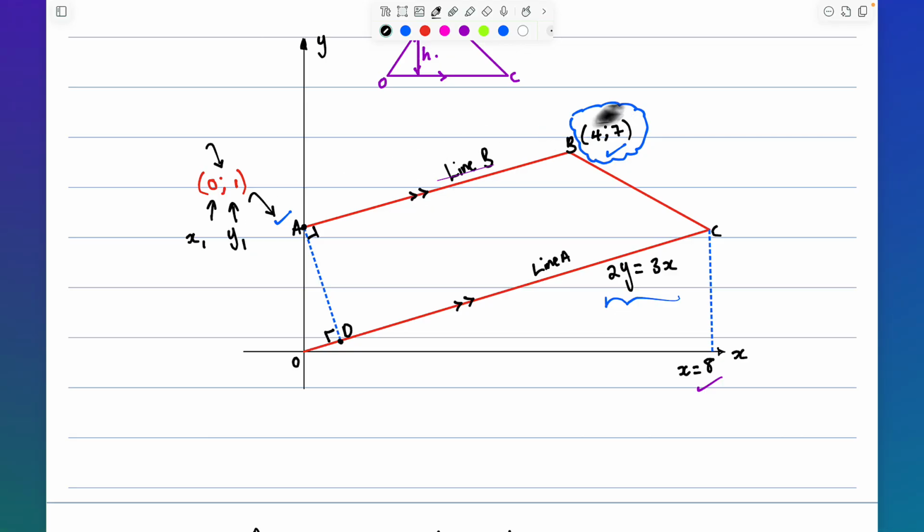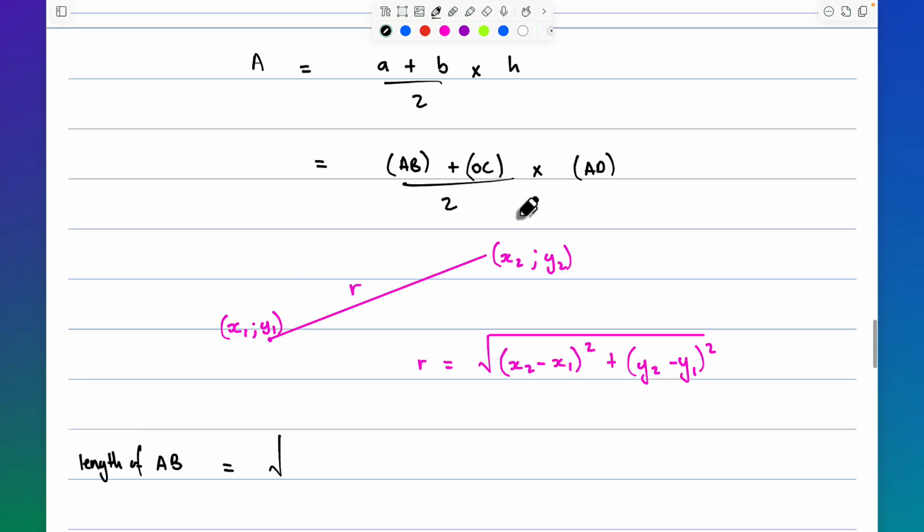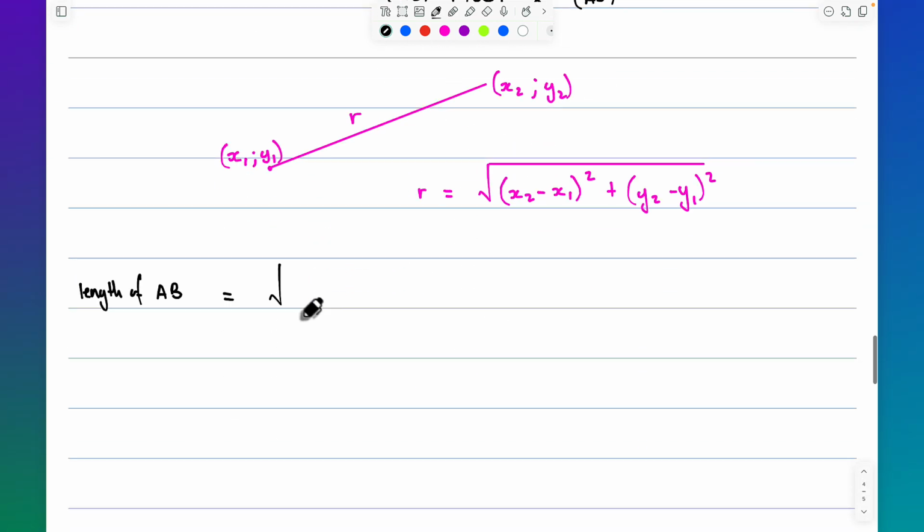And then you also have this point over here, which is 4 and 7. So we're going to say length of AB is equal to the square root of, calculate the difference in the x's, right? That's going to be 4 minus the x value of that point, which is 0.